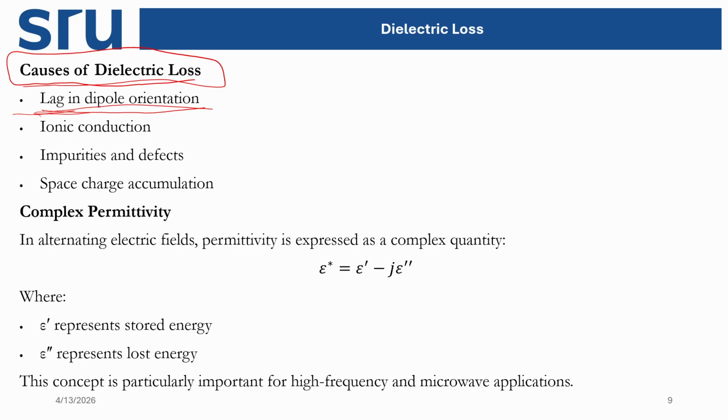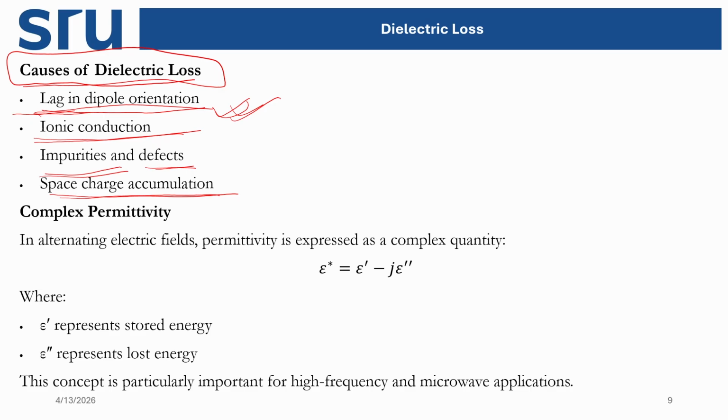That process is called lagging in dipole orientations. Ionic conduction can also cause dielectric losses. Also, defects and impurities in the compound can cause dielectric loss. Space charge accumulation can also cause dielectric loss. So these are the reasons why dielectric loss takes place.